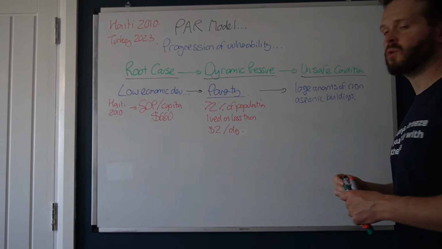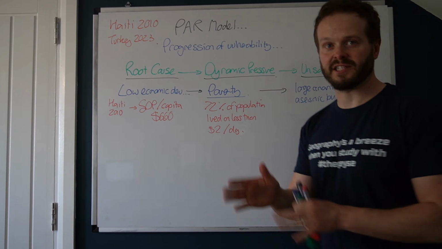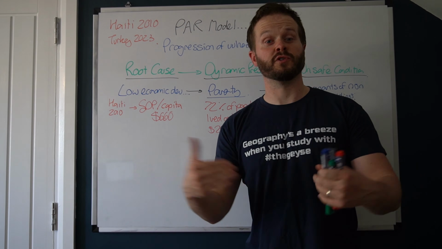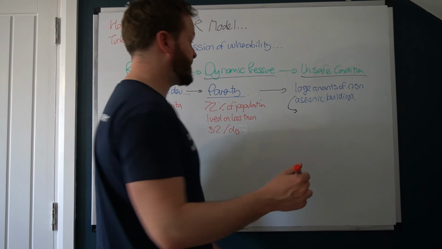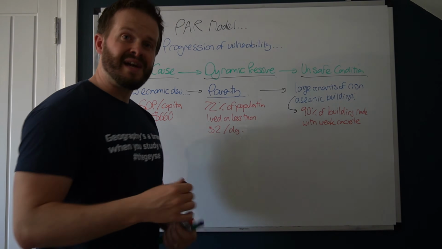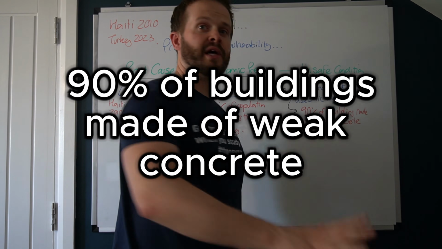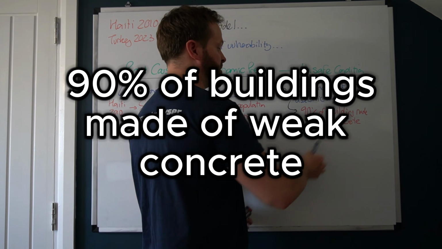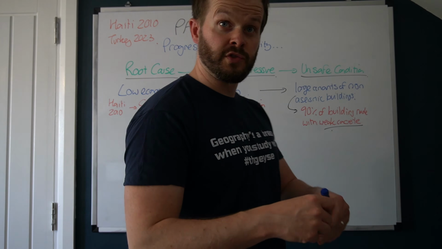It will lead to large amounts of non-aseismic buildings, because the population can't afford to build non-aseismic buildings. So a very common statistic that's put forward is that 90% of the buildings in Haiti where the earthquake took place, so the capital Port-au-Prince, 90% of these buildings were made with a weak, non-reinforced concrete.